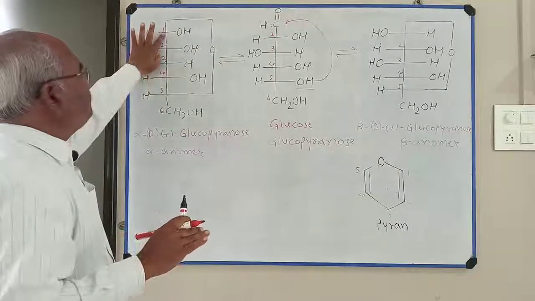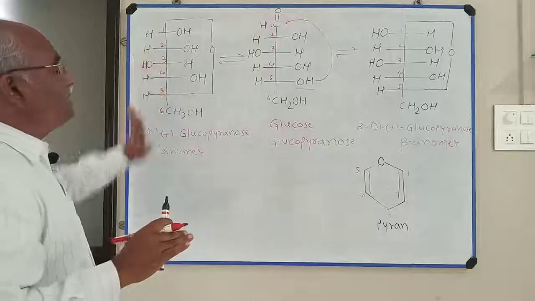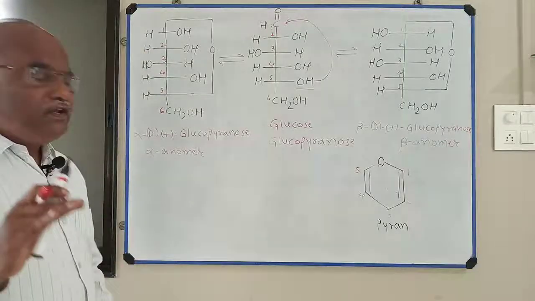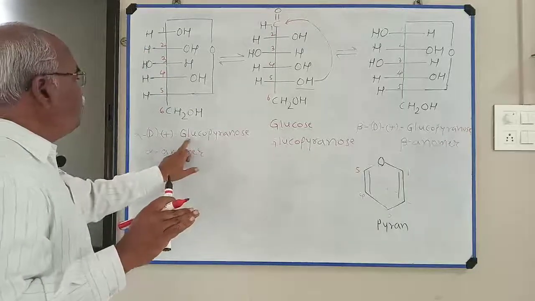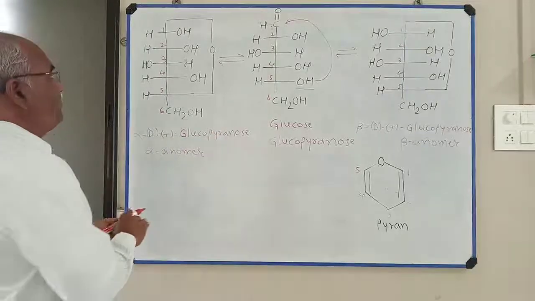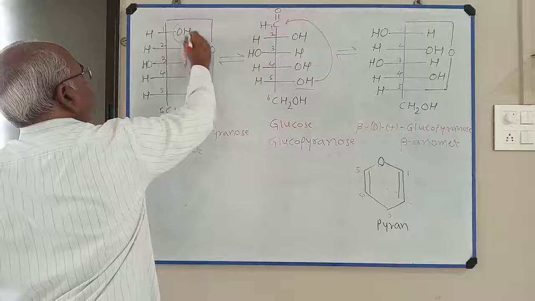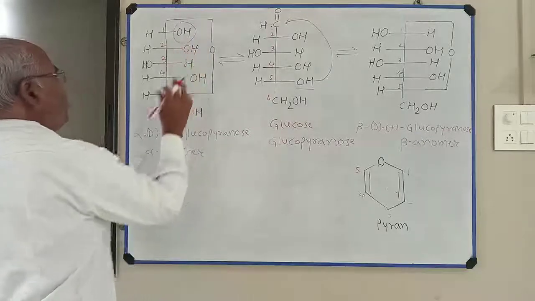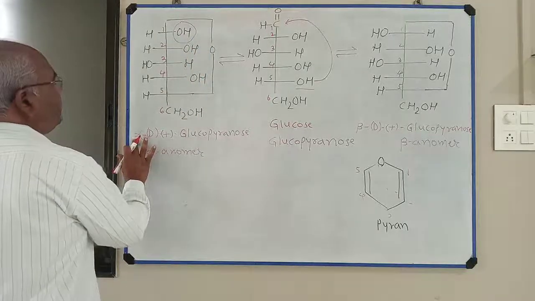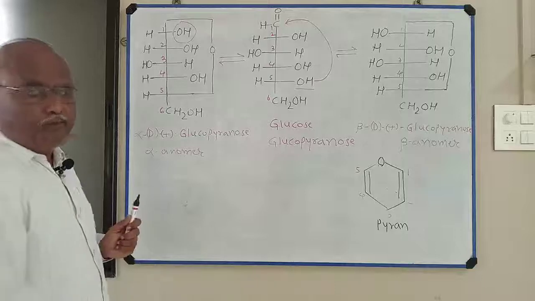This carbon is called anomeric carbon, and in glucopyranose, if the OH group at anomeric carbon is on right hand side, then it is called alpha.